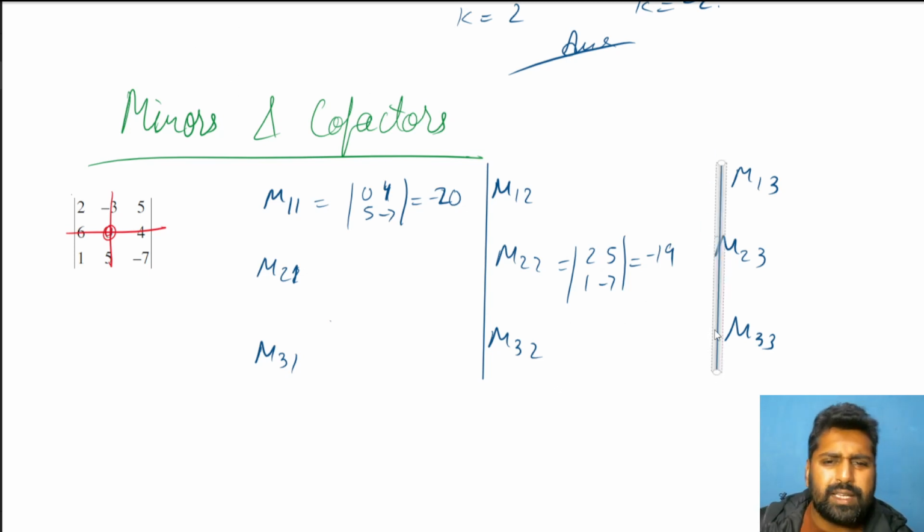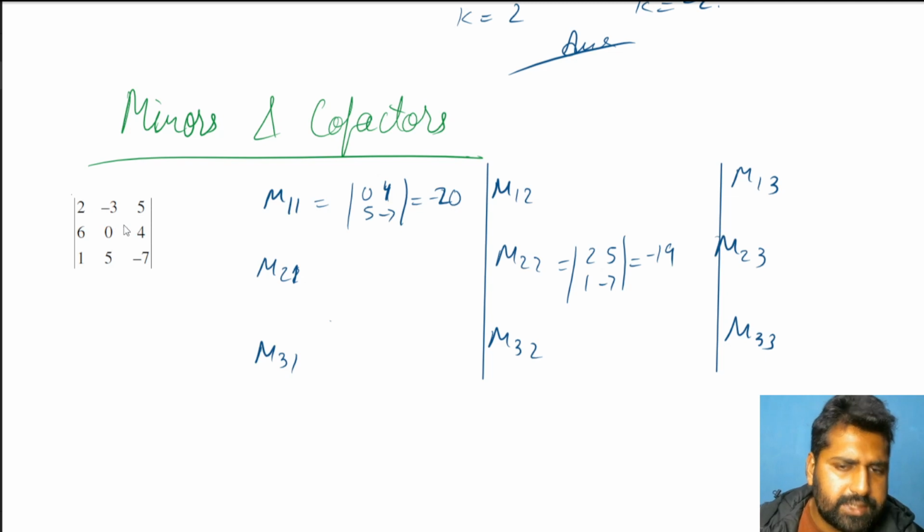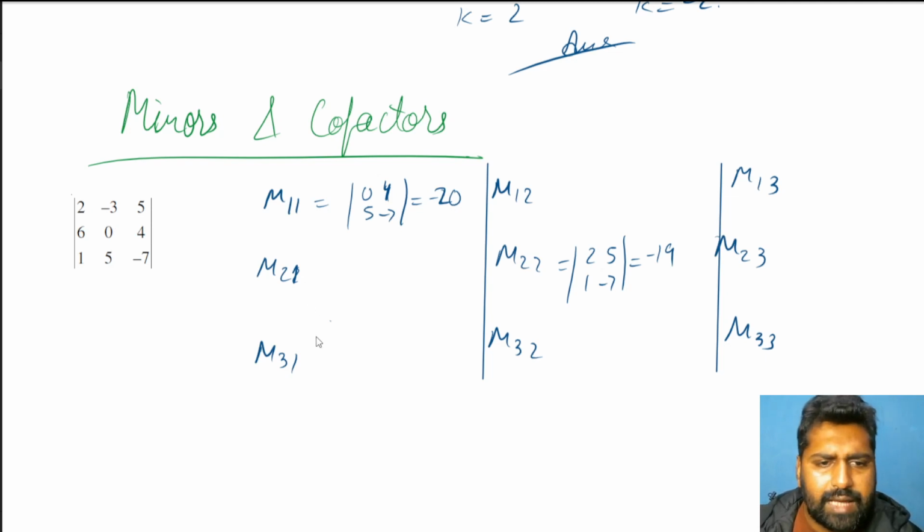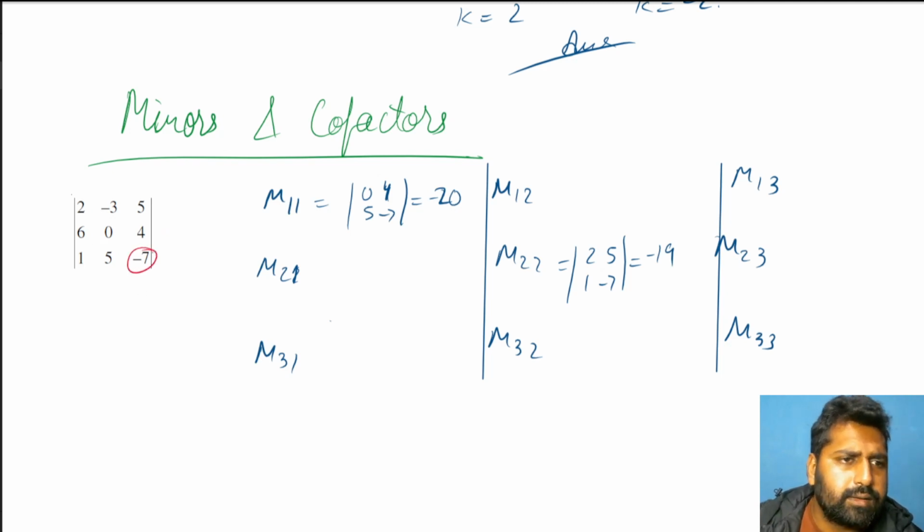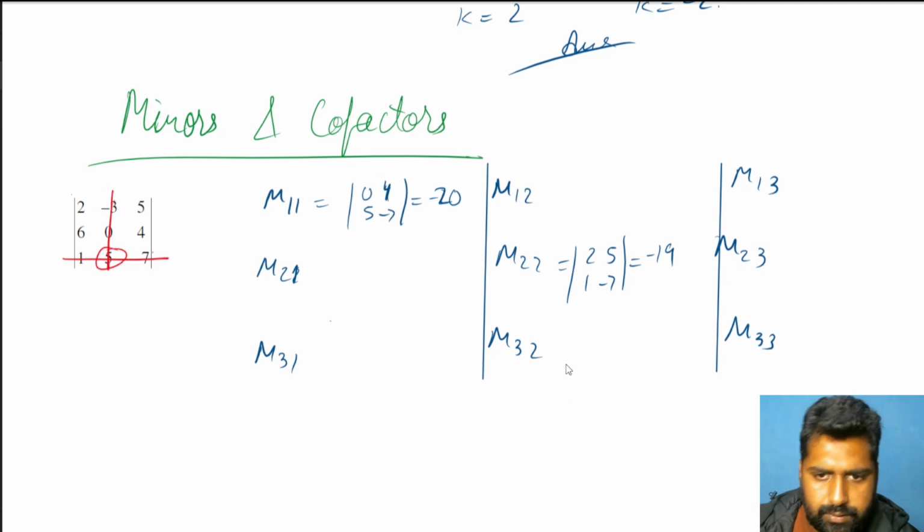So pretty much you can calculate minors for every single element. I'm not going to solve each and every minor. It's just that I'm trying to explain that you can calculate for anything. Okay, let's take slightly complicated M32. Leave the column, leave the row. You get a 2 cross 2 matrix: 2, 6, 5, 4.